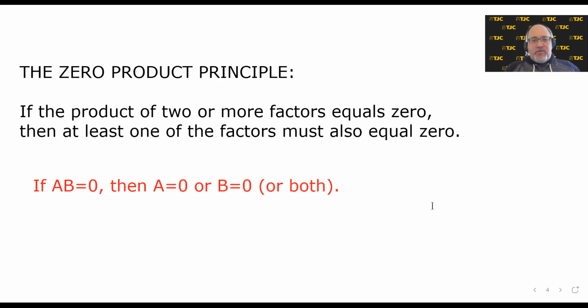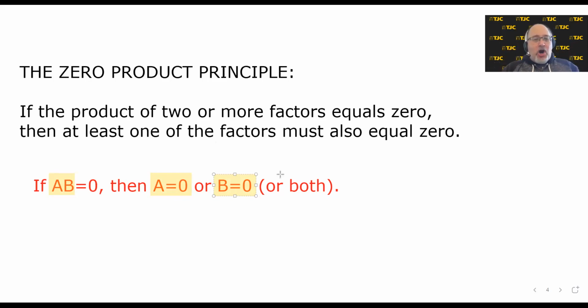Now, why is that useful? Well, take a look a little bit closer at this last thing from a structure perspective. In this first equation on the left side, you have A and B glued together, but in the conclusion of the statement, they're separate from each other in their own individual equations. So what the zero product principle allows us to do is to take things that are multiplied inside of one equation and separate them into their own equations under the right conditions.